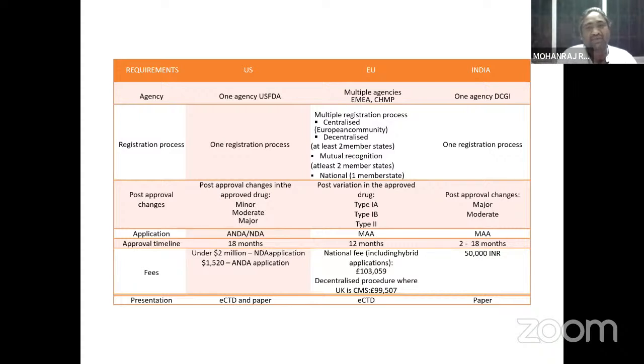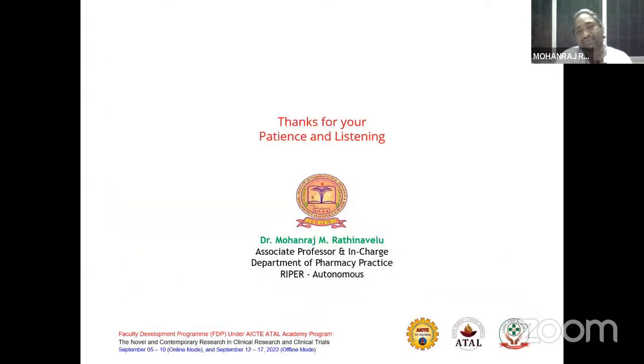But the cost in terms of fee is very high in the United States compared to European, and very less in India, which is nearly 50,000. Presentation has to be made as paper in India, not in US and European. US requires eCTD and paper, and in European, only eCTD is appreciated.